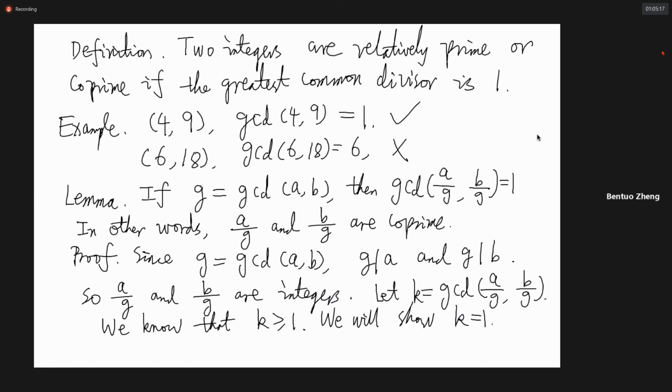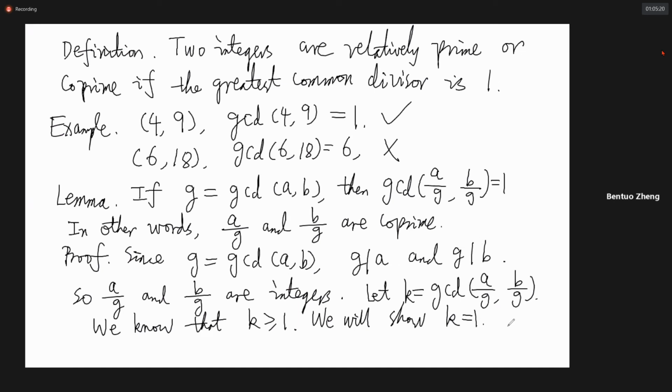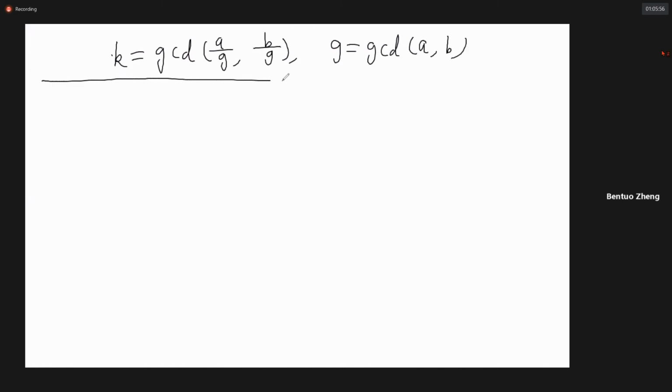Okay, let me write down what the notations are. K is equal to the greatest common divisor of A over G and B over G, and G is the greatest common divisor of A and B. Okay, these are the notations. Let's continue our proof.